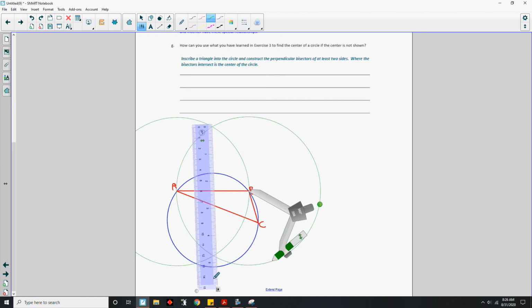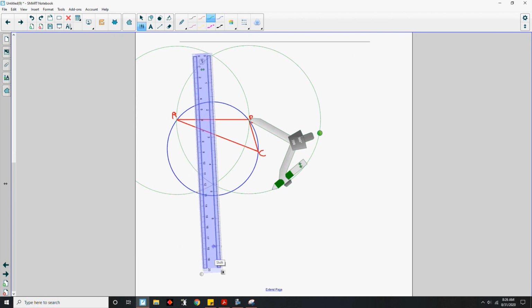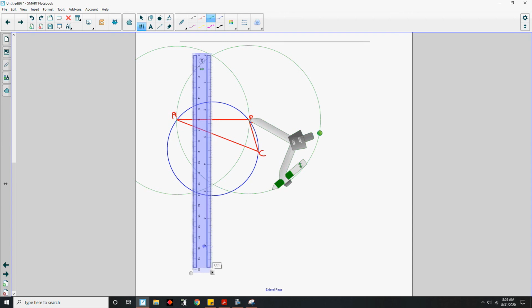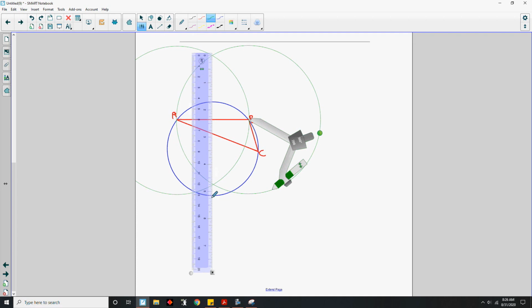You have to have patience when you do this. I don't want it to snap. Let me see if I hit Alt if that stops the snap. No. Shift. No. Control. No. Okay, the problem with my ruler is it's snapping to perpendicular.